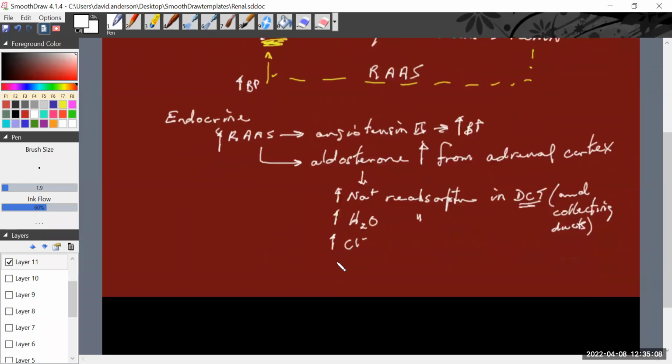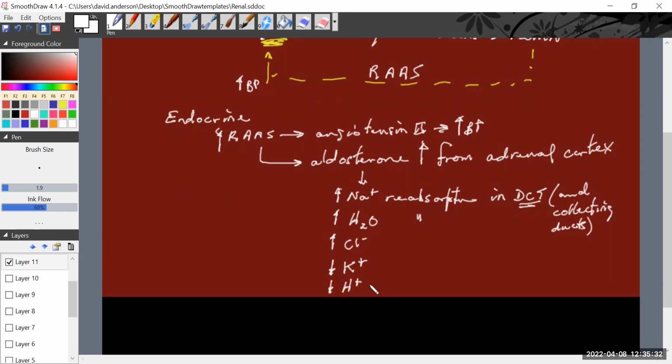Okay, and typically sodium and potassium, like we're generally aware of, are going to be exchanged in the interest of electrolyte balance. If we're going to reabsorb one positive ion, we're going to get rid of another one. And usually it's potassium, but it can also be exchanged for hydrogen too.